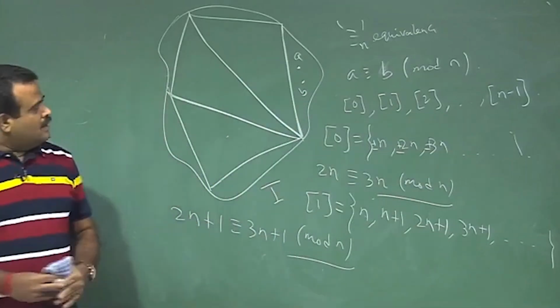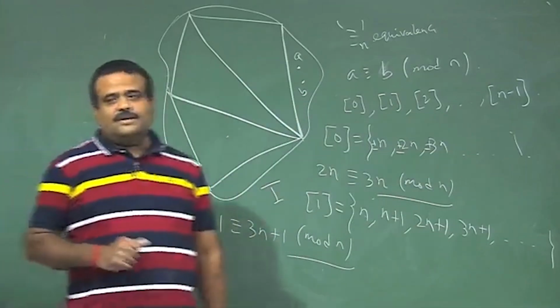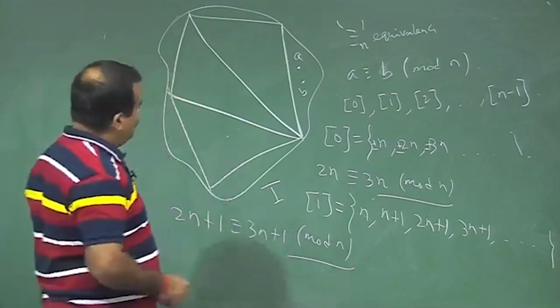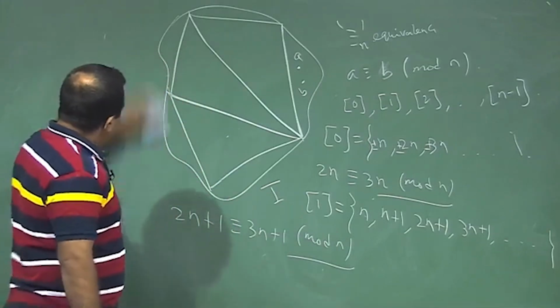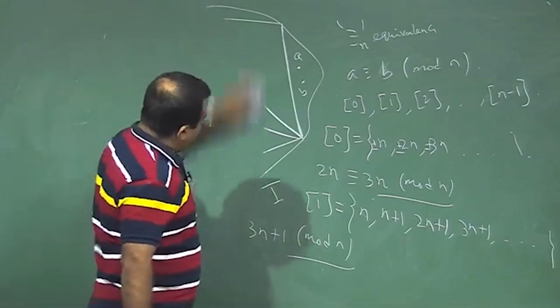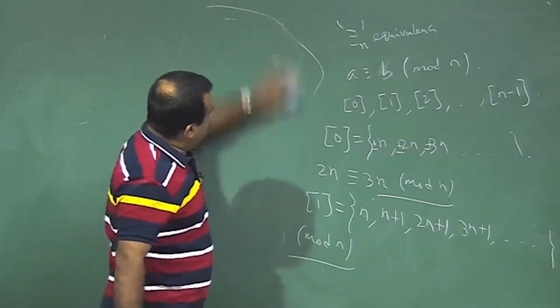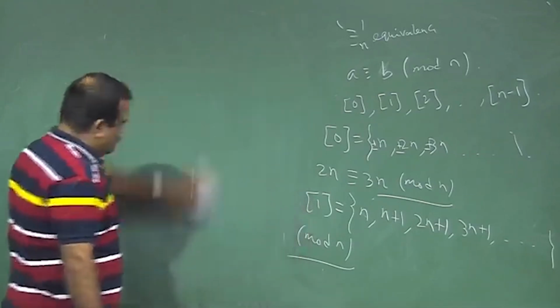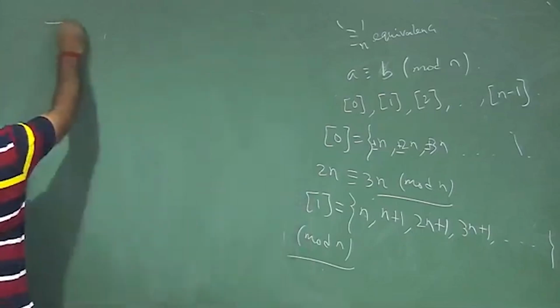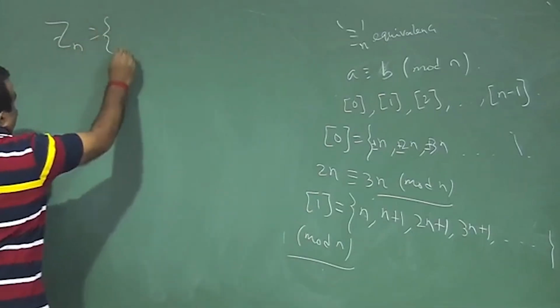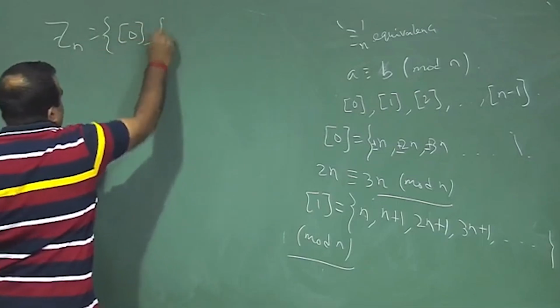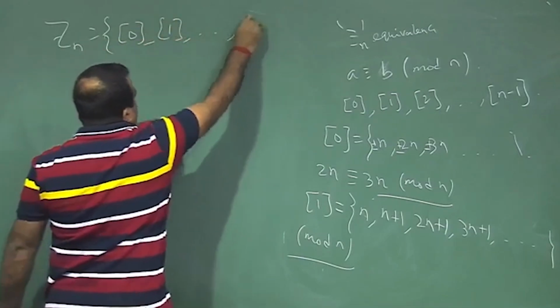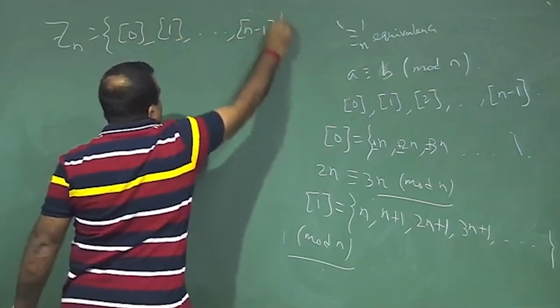This set is basically denoted by Zn. We denote Zn by the set of classes 0, 1 up to n minus 1, the equivalence classes.